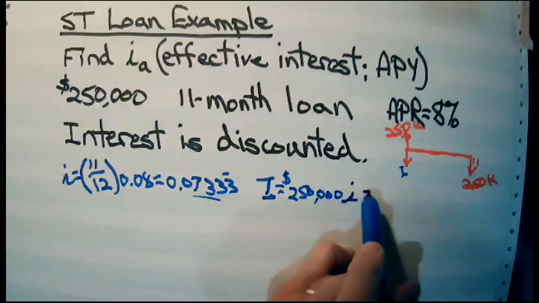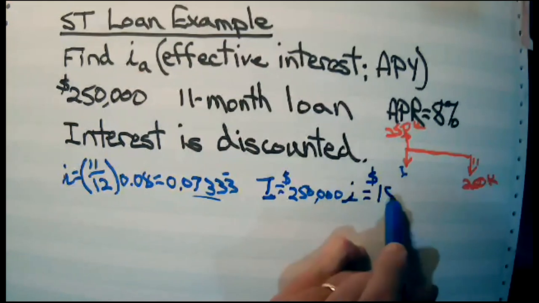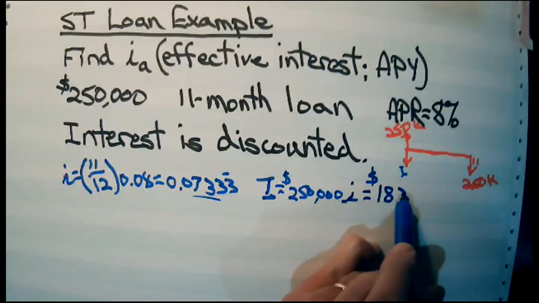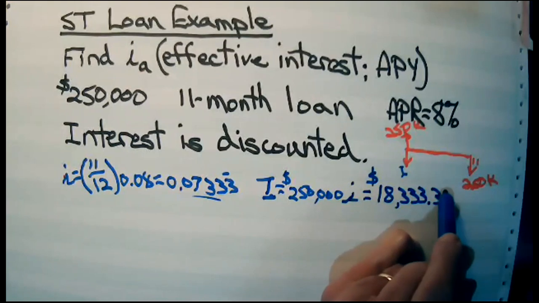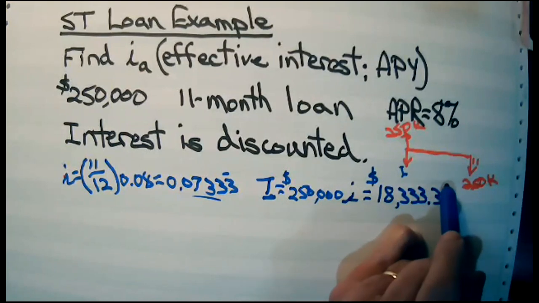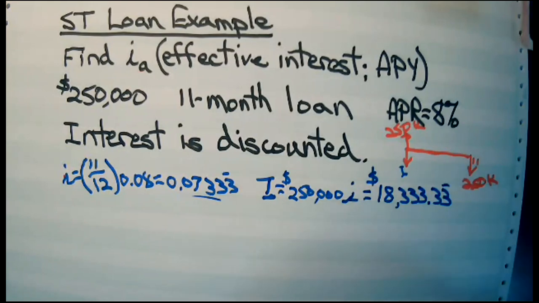And that makes our interest $18,333.33, and that would keep repeating out there.